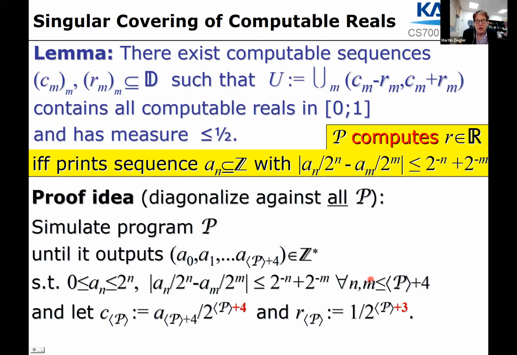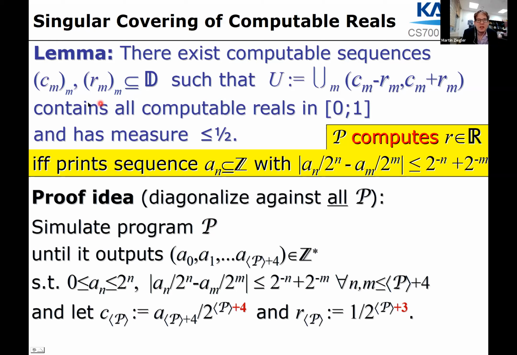But if it does get that far, then we output this interval, and therefore this interval covers the real number that is possibly computed by that algorithm. And by doing that for every possible algorithm, whether or not it computes a real number, we make sure that these intervals indeed cover all possible real numbers. So that's the first property.